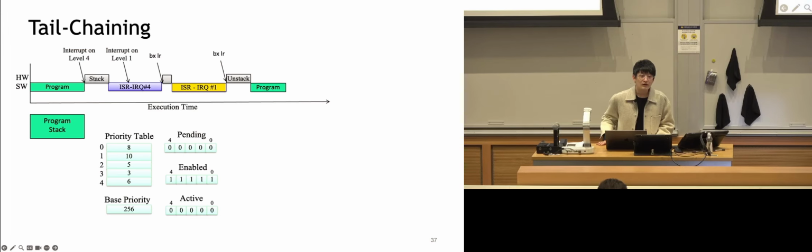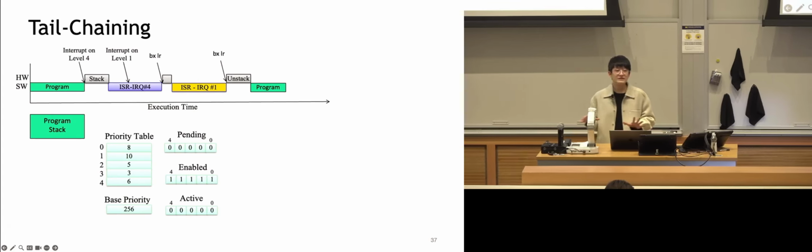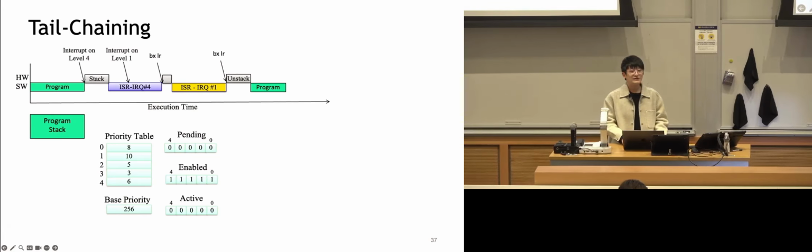Yeah. So any questions regarding the interrupts? Sorry, I think I forgot to put the late arrival slides here, but it's in the previous lecture. So if you're a little bit unsure, feel free to check out the earlier slides.